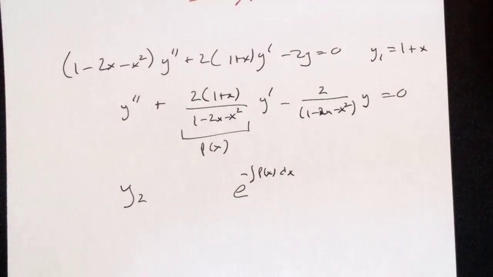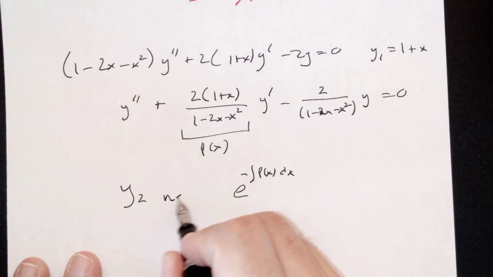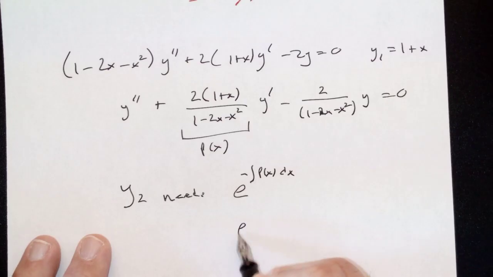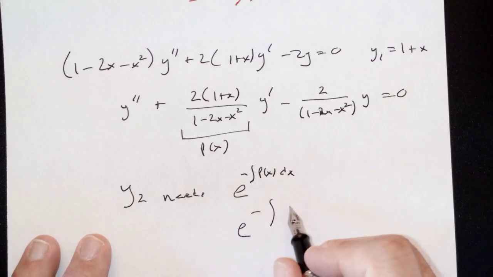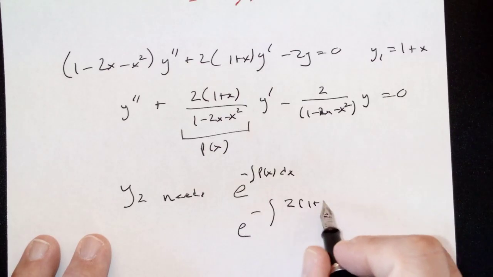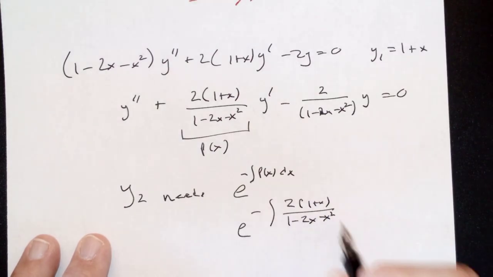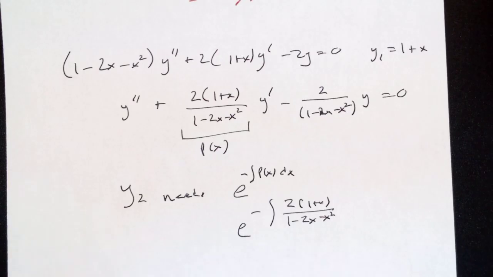All right, I'm just going to write y2 needs this integral. So let's work out this integral. That's e to the negative integral of 2 times (1 plus x) over (1 minus 2x minus x squared) dx.